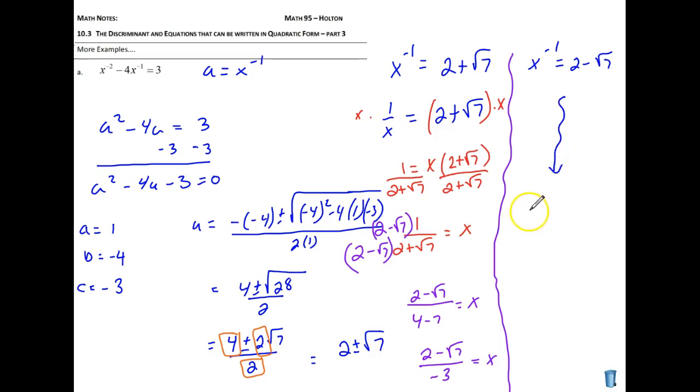This is going to now be 1 over 2 minus square root 7 equals my x. So what will you have to multiply by in order to get the denominator to be rationalized? The conjugate, right? So what does that turn it into? I'm going to propose that you're going to end up with x equals 2 plus the square root 7 all over negative 3. But I want you to work it out and see, does that really come out to be the right answer?